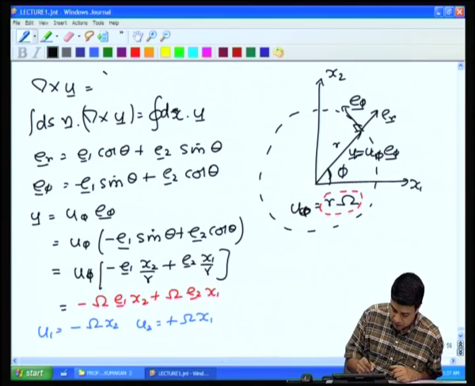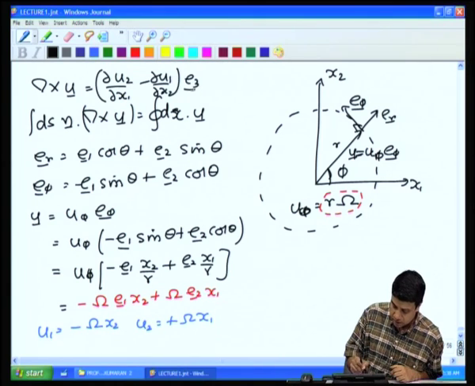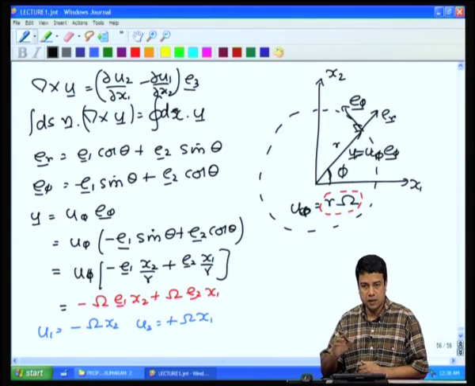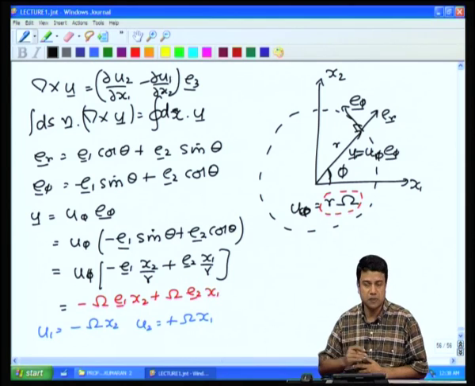This will turn out to be partial u2 by partial x1 minus partial u1 by partial x2 in the e3 direction. I take once again e1, e2, e3, d by dx1, d by dx2, d by dx3 and u1, u2, u3. u3 is of course equal to 0 and there is no derivative with respect to x3 direction. So, I will get only the partial u2 by partial x1 minus partial u1 by partial x2 times e3.